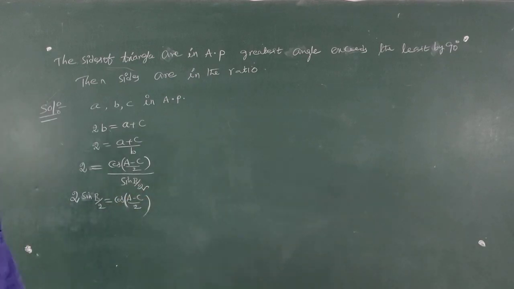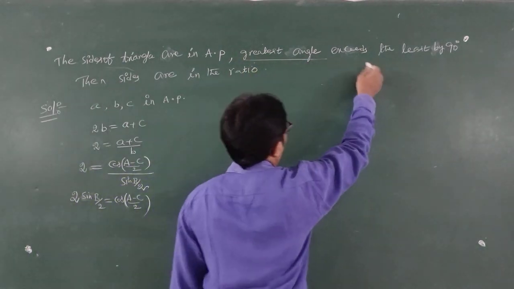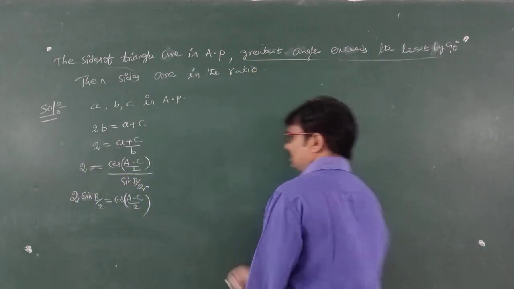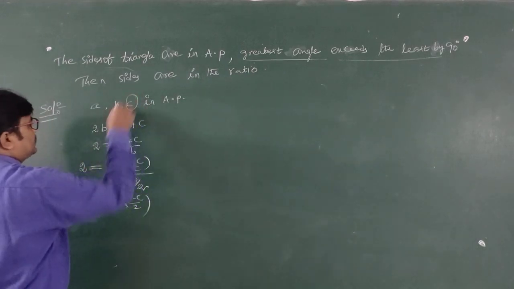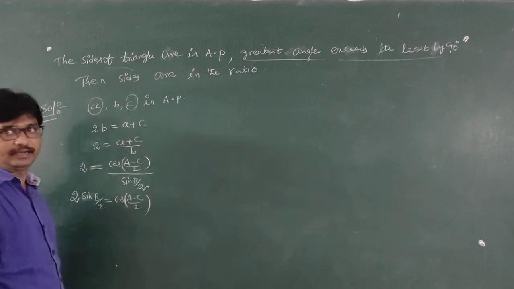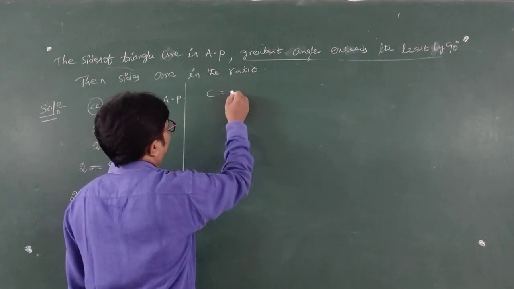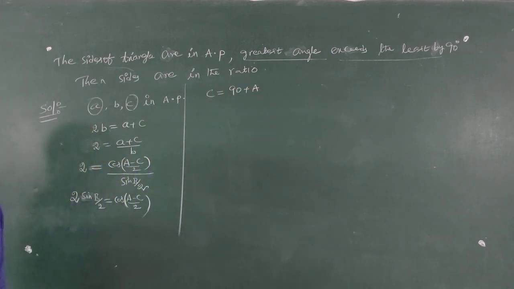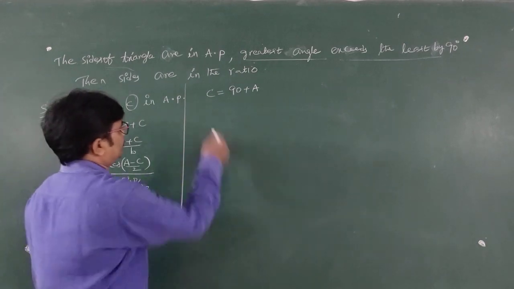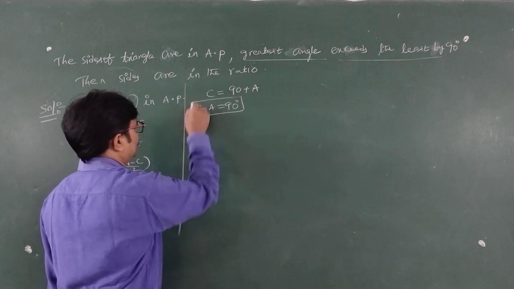Now students, the another condition is given that the greatest angle exceeds the least by 90. So here the greatest angle is C, least angle is A. So students, C can be written as 90 plus A. Now students, this is C minus A equal to 90.